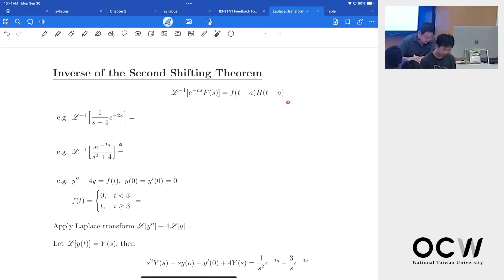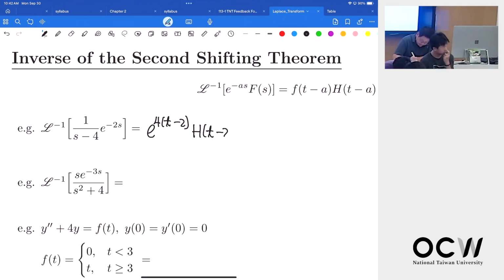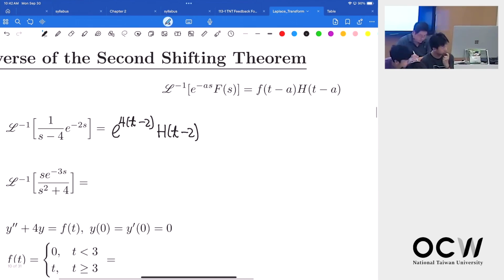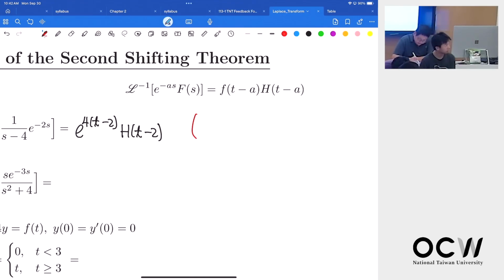So this will be e to the 4 times t minus 2, because a is 2, times the shifted Heaviside function shifted by 2, because a is 2.